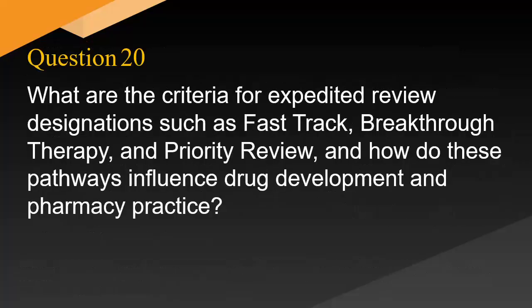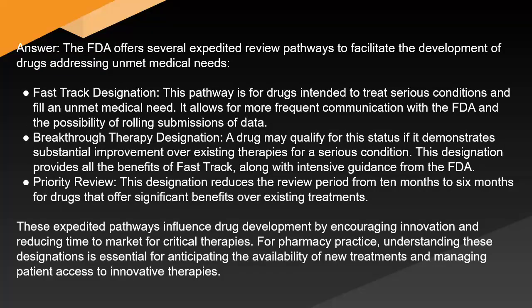What are the criteria for expedited review designations such as fast track, breakthrough therapy, and priority review, and how do these pathways influence drug development and pharmacy practice? Answer: the FDA offers several expedited review pathways to facilitate the development of drugs addressing unmet medical needs. Fast track designation: this pathway is for drugs intended to treat serious conditions and fill an unmet medical need.